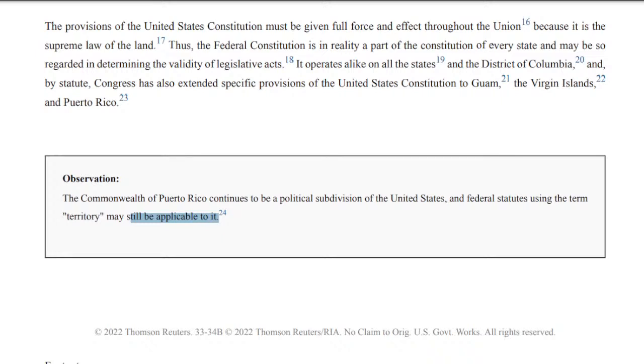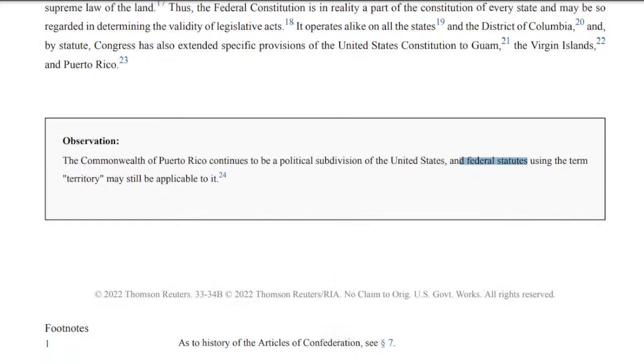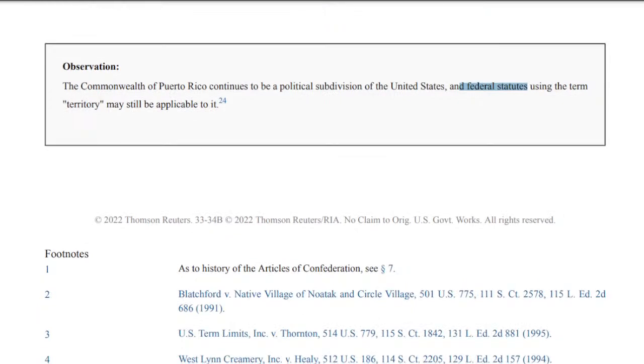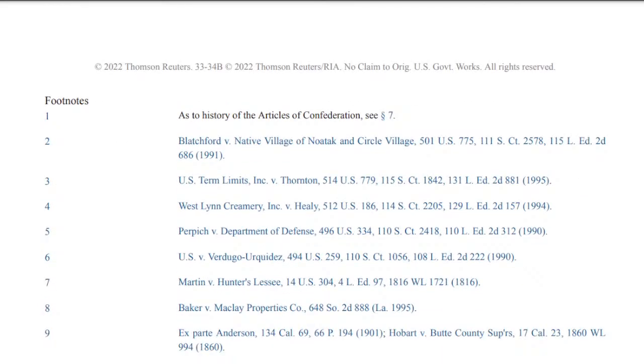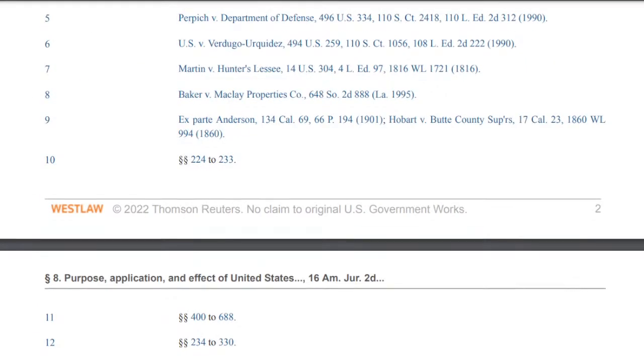And when you start to break things like the Commonwealth of Puerto Rico, and then you start to also look at Indian tribes, you start to find certain things where statutes start to come into conflict with other terms that we might be operating by. So let's look at the footnotes here, see if there's any notes on them. No.